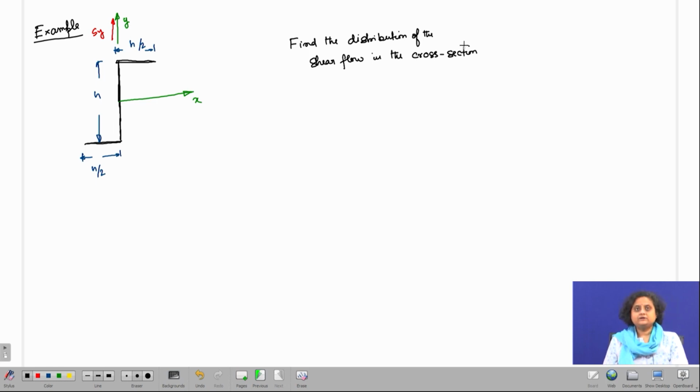From equation 3 we need to find the shear flow, that is Qs, in this cross section. So, let us name the ends of this cross section 1, 2, 3 and 4.